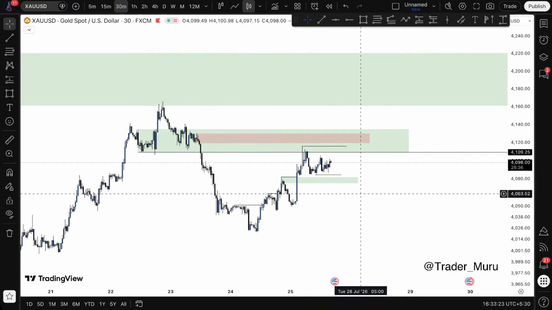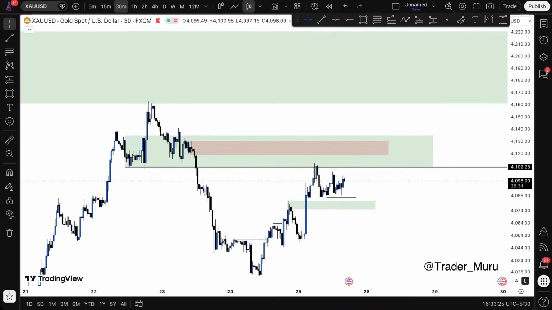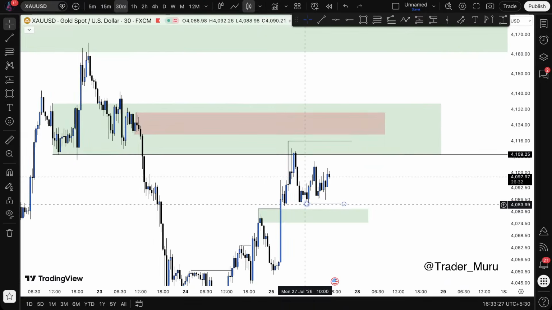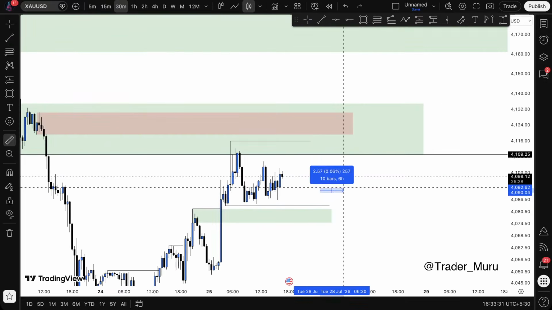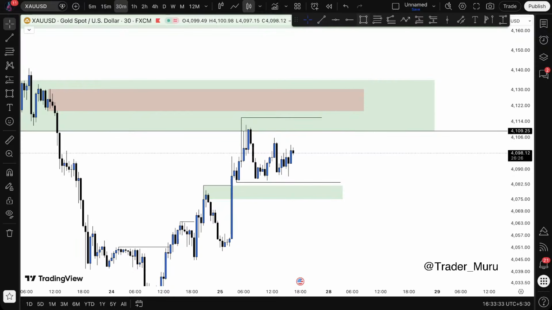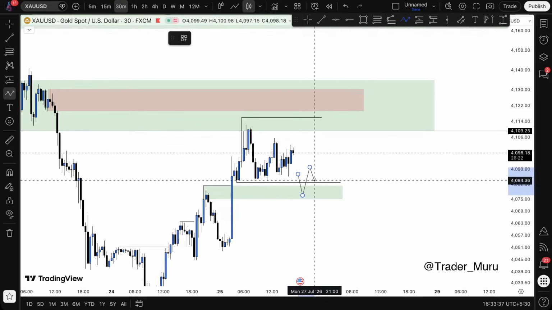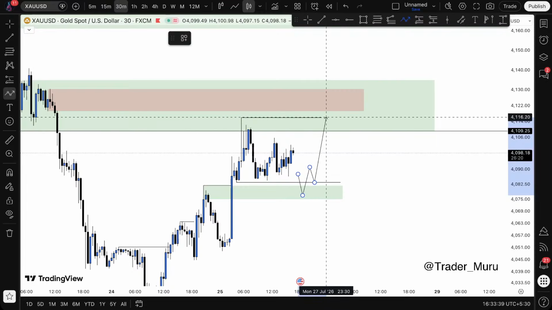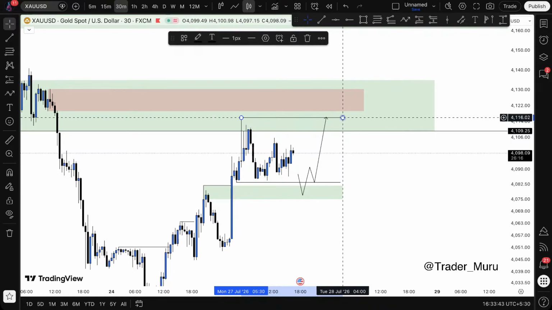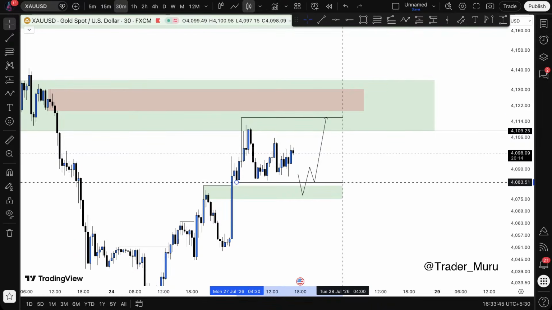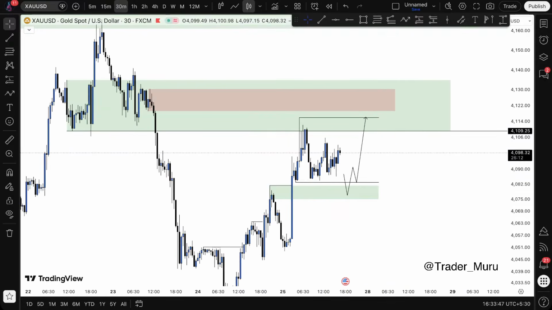For now, we will be looking for a liquidity sweep, test of this mitigation block and reclaim. Then we can watch for a buy opportunity. So this will be a possible trade available in the market right now, which we can take.